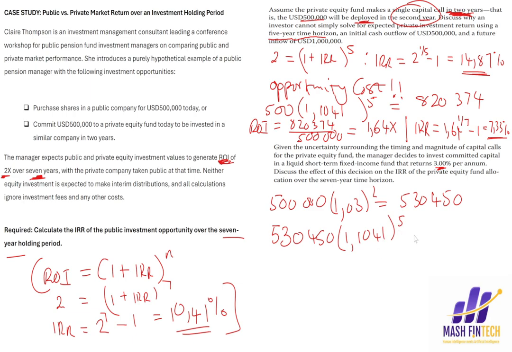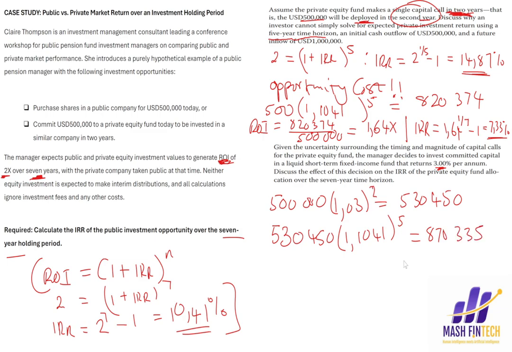If they invest this for 5 years, it's now a total of 7 years: the initial 2 years where the capital is called, and then it's deployed in the next 5 years, a total of 7. The 530 grows by 10.41%, and it's going to give you 870,335, right?